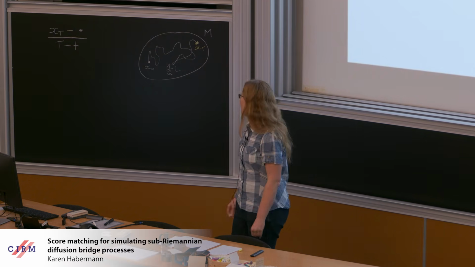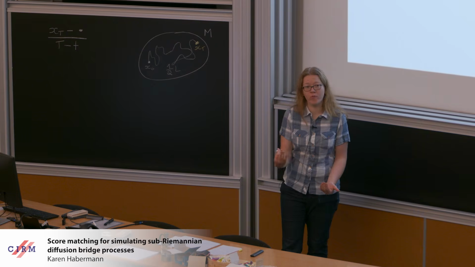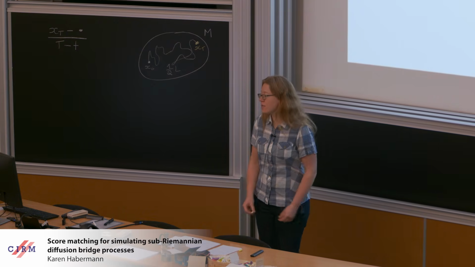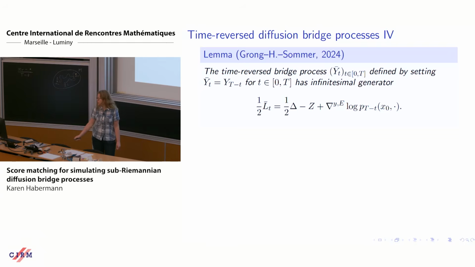And now there's a notion of time reversing a stochastic process, which is exactly this definition up here. So the process at time lowercase t is just the original bridge process evaluated at capital T minus lowercase t. And for that one, you can actually also work out the generator quite nicely.